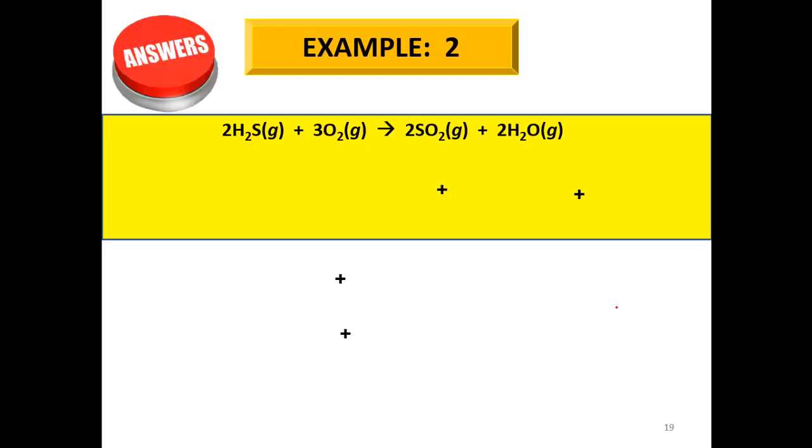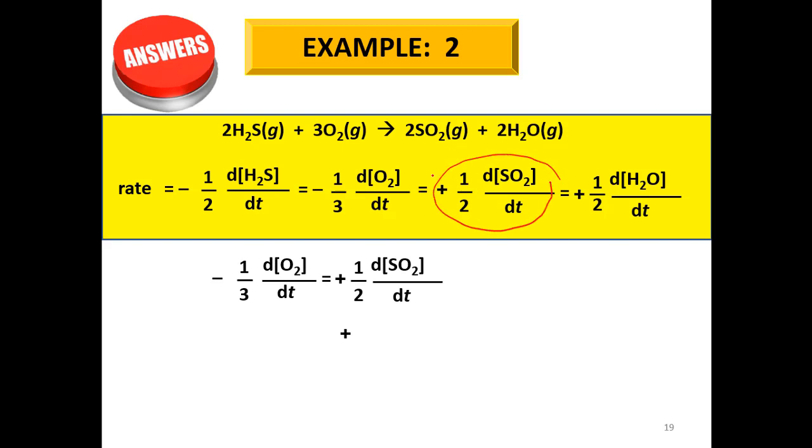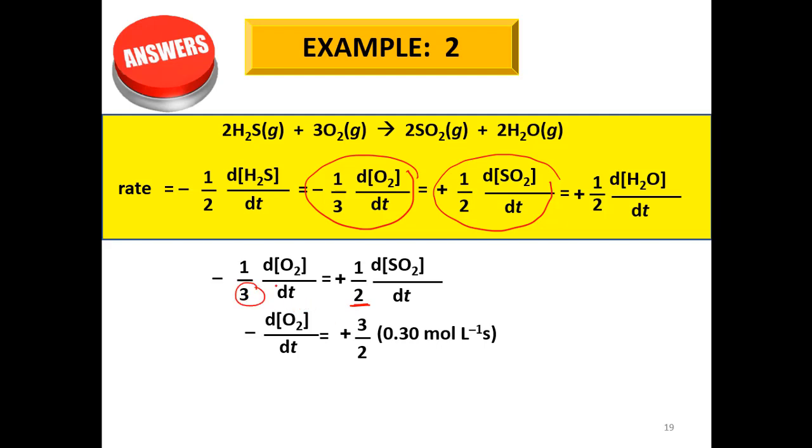Next dia suruh cari rate of disappearance of oxygen gas. So kita kaitkan sekarang yang ni, yang diberi tadi tu, dengan oxygen gas pula. Ingat value yang dia bagi dalam soalan tu 0.3 tu adalah untuk dSO2 over dt. So half tu kita masih kena masukkan. So apa yang kita buat nanti, yang ni kita bawa 3 ni kita boleh pindahkan ke sebelah sana, so dia akan jadi 3 over 2 macam ni.